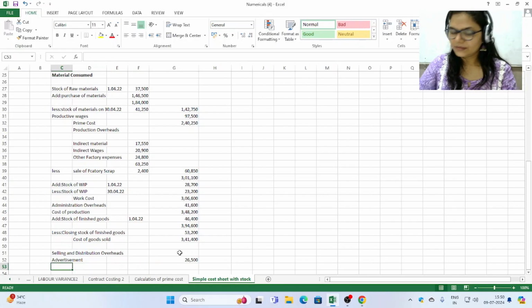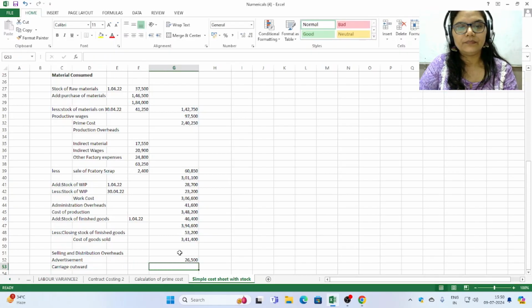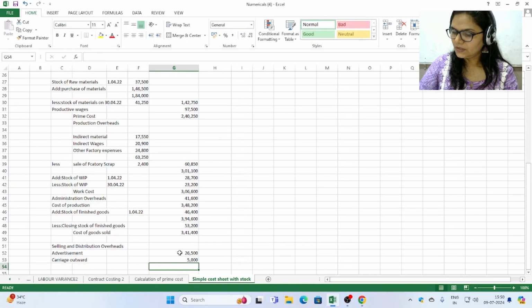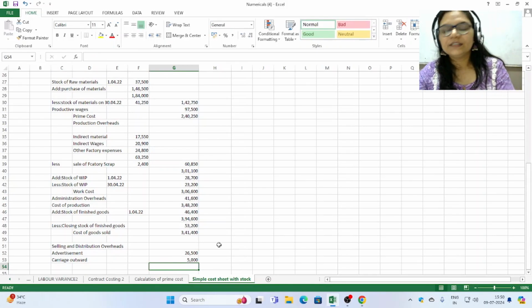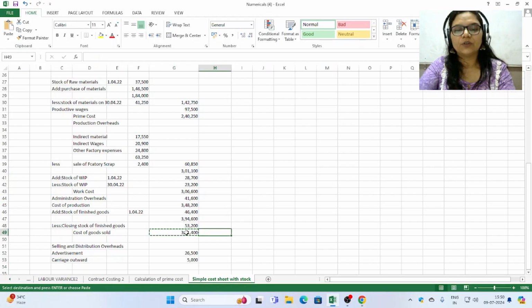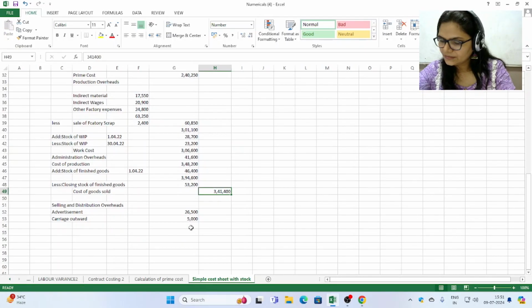Next is carriage outward, which is 5,000. Adjusting these values, we will get this cost of goods sold. We will write in a next column for more clarity. Next is cost of sales.